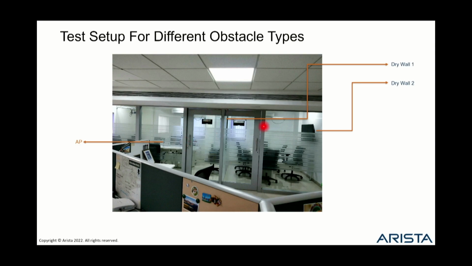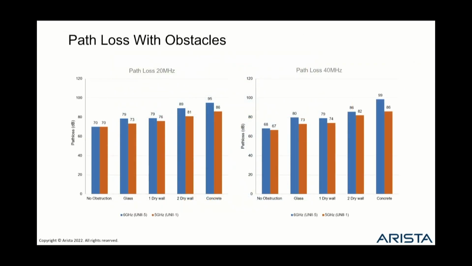One side of drywall 1, other side of drywall 2, look at the losses there. Similarly for drywall 2. And then we did something for concrete, which is outside the room. And then we did something for glass, which is behind the door and in front of the door. Okay? So here are the results for that.